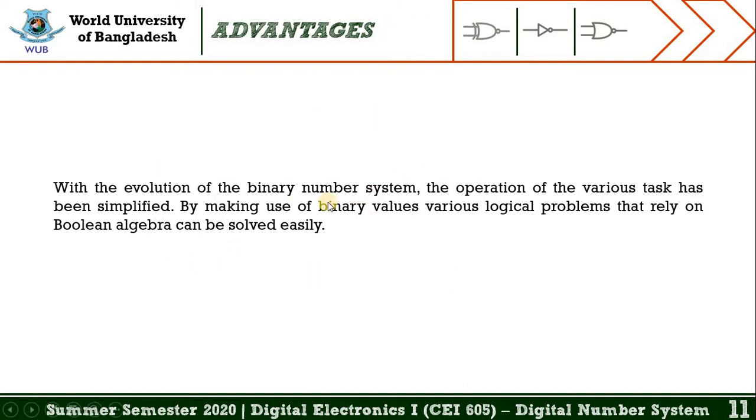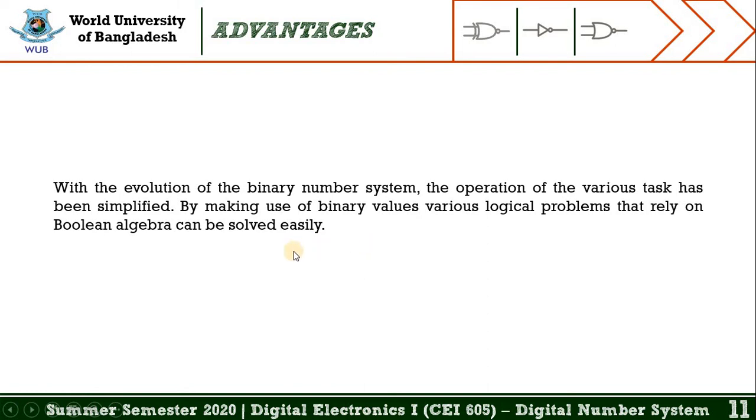From this slide, we may learn the advantages of the binary number system. The operation of various tasks has been simplified by making use of binary values. Various logical problems that rely on Boolean algebra can be solved easily.